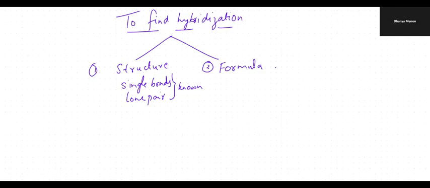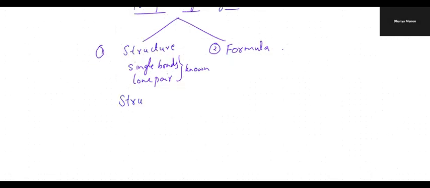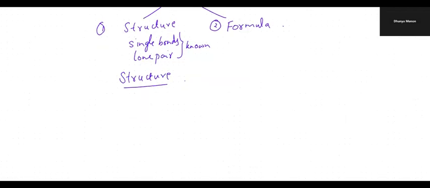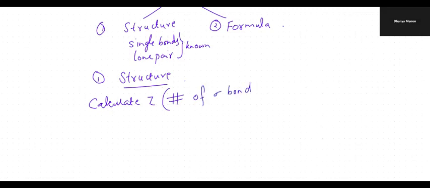By knowing the structure, how do you know the hybridization? First, we calculate something called Z. And what is Z? It is the sum of number of sigma bonds plus lone pairs of electrons on the central atom.